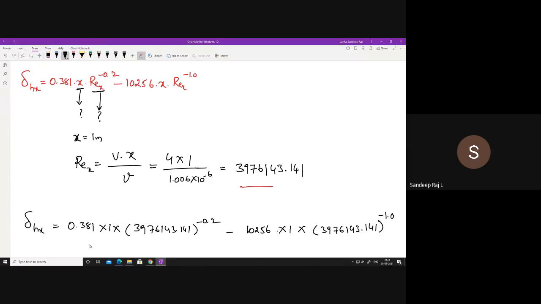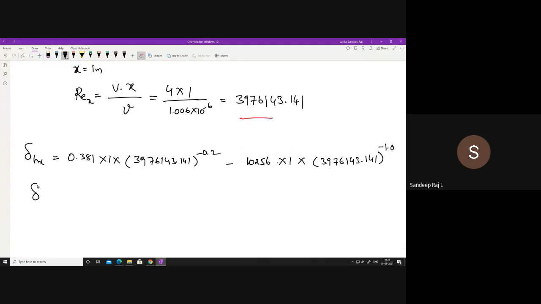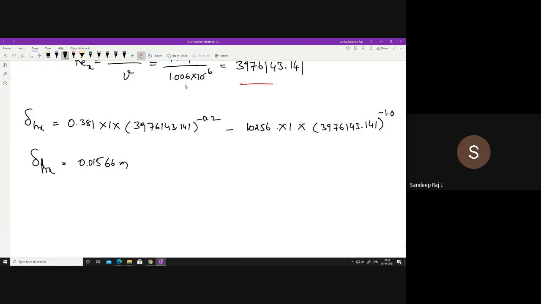So tell me what is the delta_hx value now? 0.01566 meter. Okay, delta_hx is 0.01566 meter. Let us keep this aside.